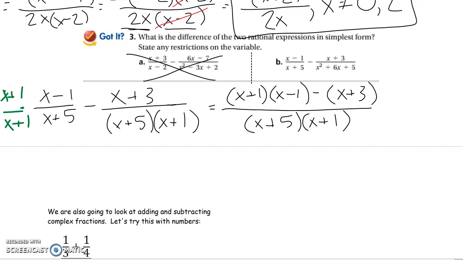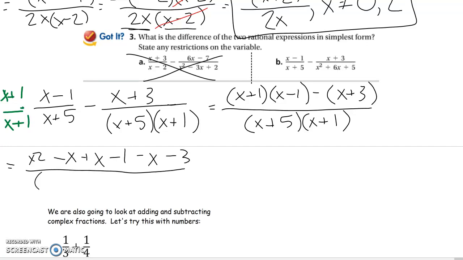Our next step in simplifying is multiplying out everything in the numerator. So that is x squared minus x plus x minus 1 minus x minus 3, and our denominator is unchanged.